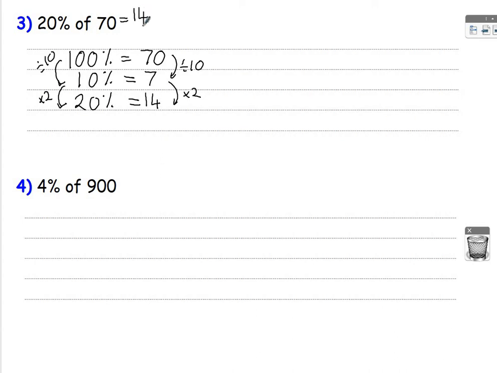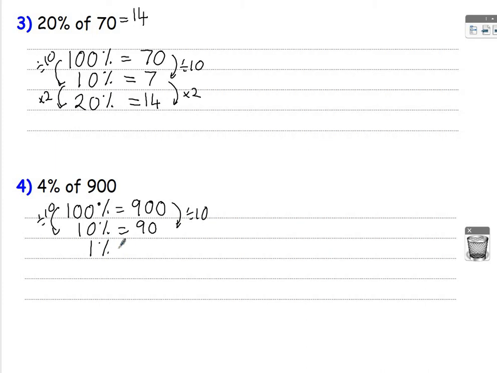Okay, looking at 4% of 900, so always start off by writing down that 100% is 900. What would we need here? 10%, 1%, well, I'm definitely going to need that 1% to find 4%, because 4% is 4 lots of 1%. So start off by finding 10% by dividing by 10, which will be 90.